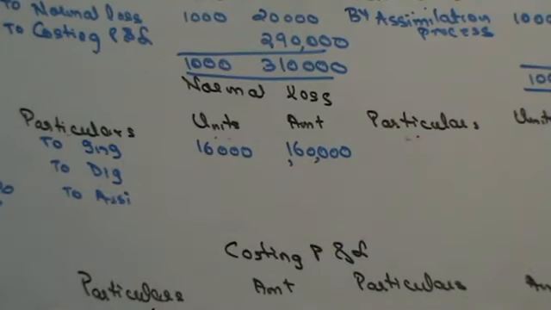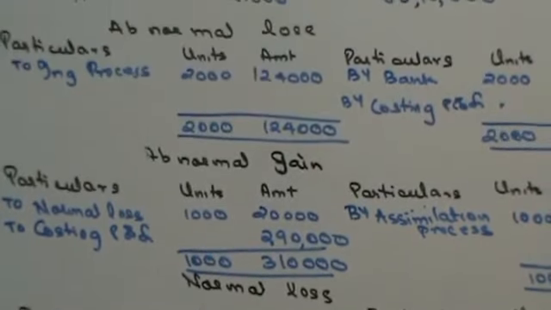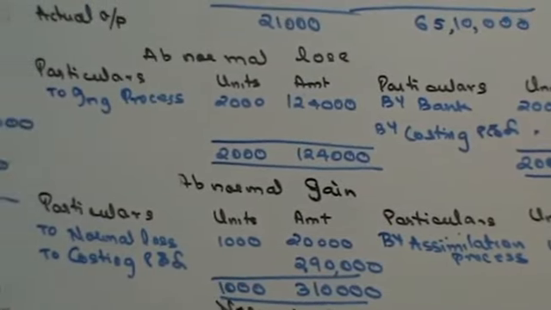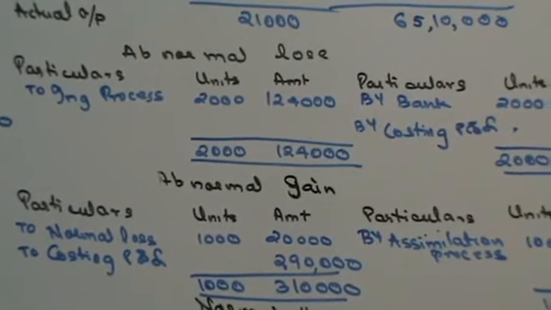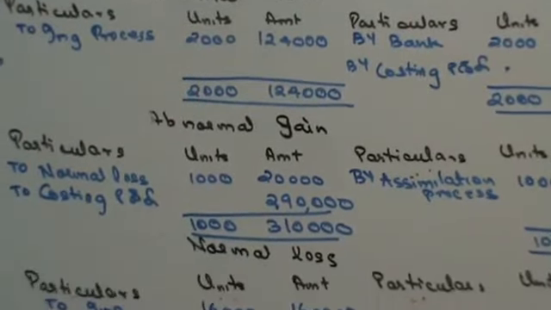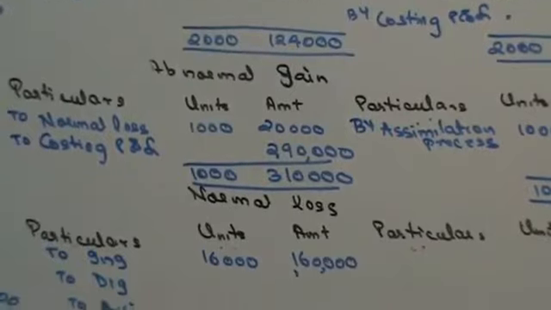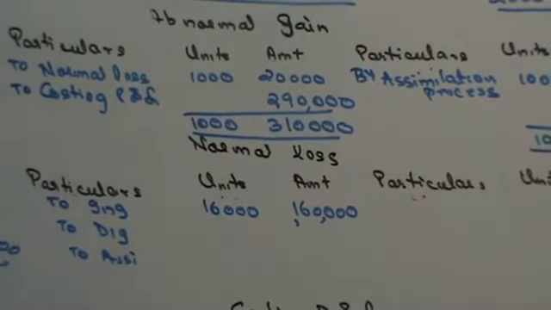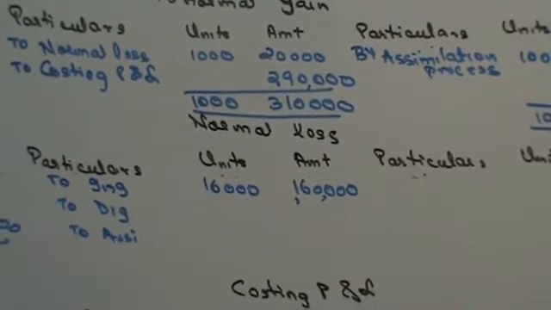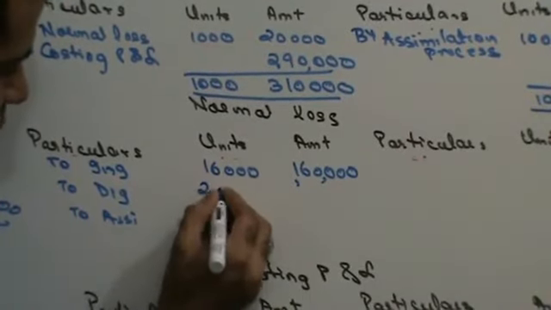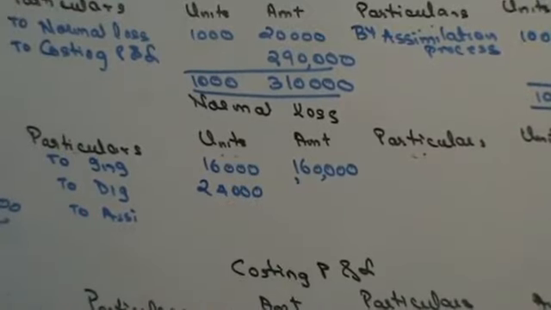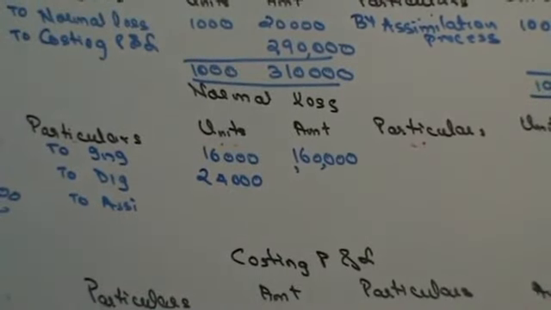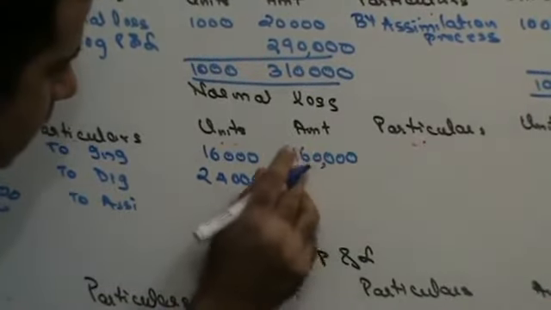Right? For digestion process, just a minute guys, just see this, how to do this. Yes, let's continue with this. For digestion process, your normal loss is 24,000 units, and it is 3,60,000.